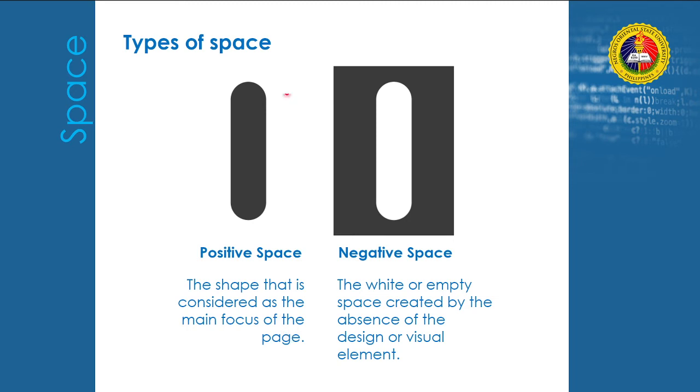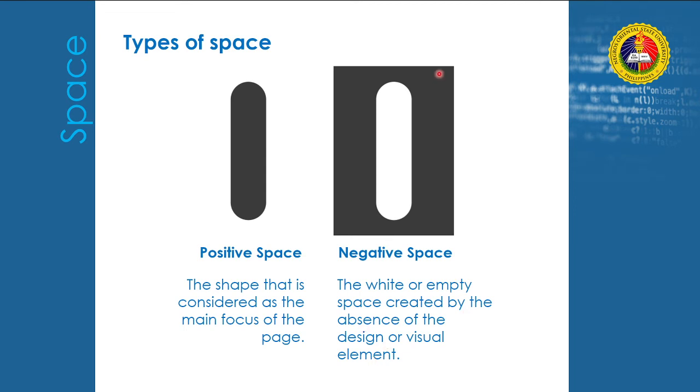So for example, this one. Since this is a graphic design and this is the main focus, therefore this is the positive space. The negative space, however, is the white or empty space created by the absence of design or visual element.